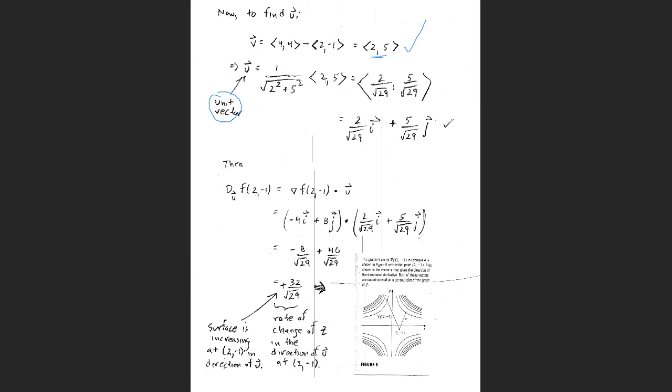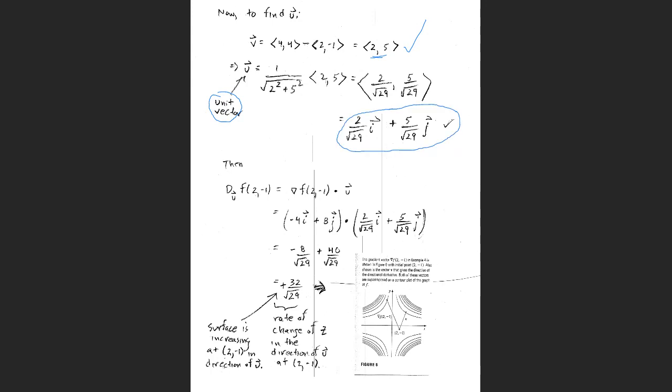And the unit vector pointing in the direction of the vector 2, 5, well, if we want a vector parallel to the vector 2, 5, but it's a unit vector, that vector would be right here. 2 over root 29 times vector i plus 5 over root 29 times vector j.